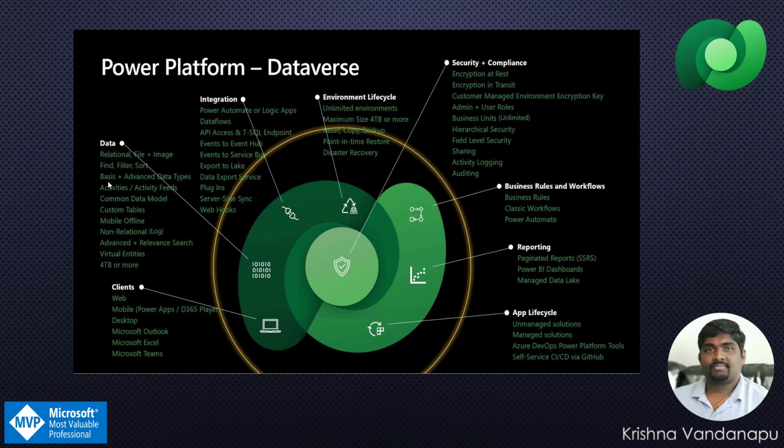It also supports basic and advanced data types as part of the column field, and it also supports custom tables. Mobile offline, I can also use the tables within Dataverse. And the next one is integration. It seamlessly integrates with Power Apps, Power Automate, Logic Apps, Power BI, all the elements which are there on top of Power Platform.